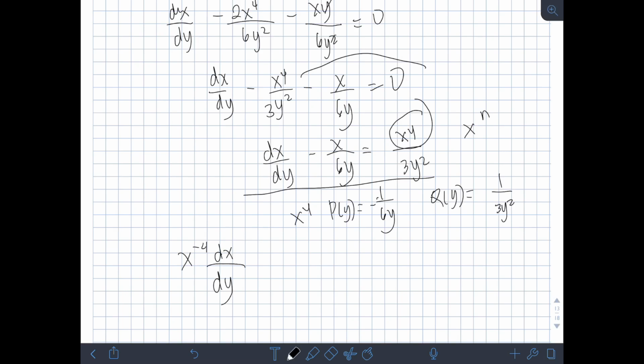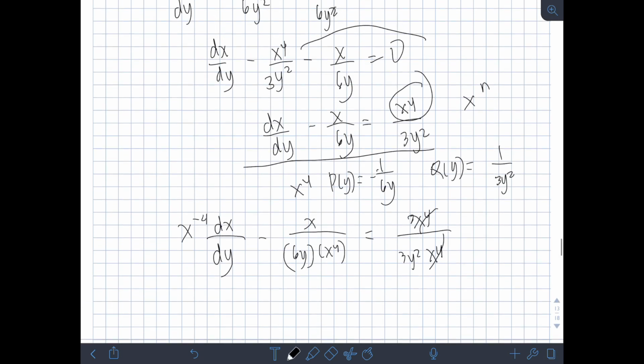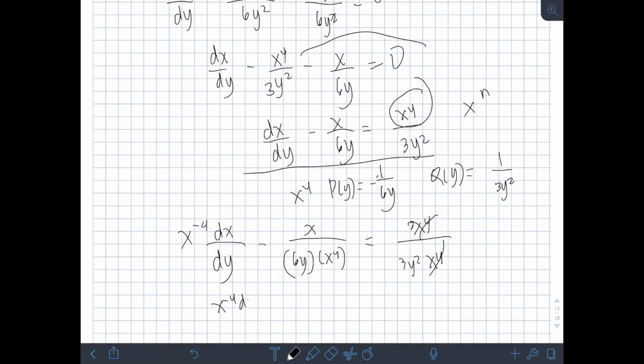Multiplied by dx over dy minus x over 6y divided by x to the fourth equals, eto makakancel, x to the fourth over 3y squared x to the fourth. So, magiging x raised to negative fourth dx over dy, minus, parang x raised to negative 3 over 6y equals 1 over 3y squared.